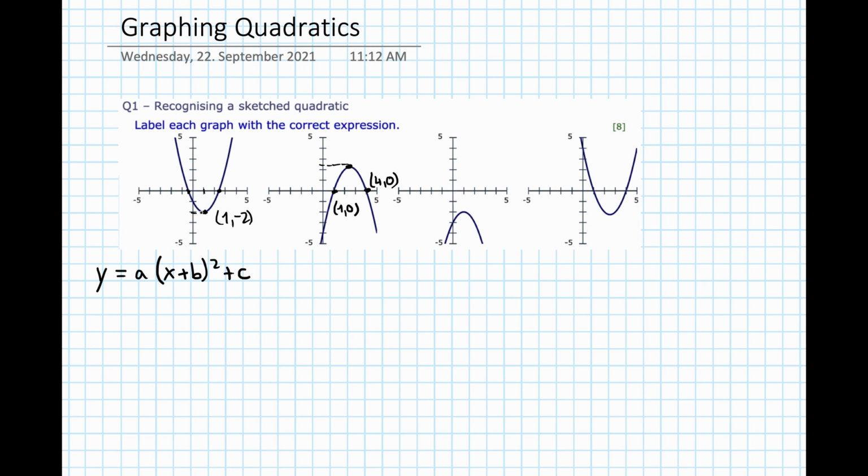If you go 1 to the left and 1 up, there's the next intersection, which means 1 squared is just 1, so there is no factor. If, for example, we had 1 squared is 1 and then times it by a factor of 2, we would just meet the y-axis over here. So a is 1. It's also positive, so here's just +1 pretty much, because the parabola is open at the top. If the parabola was facing downwards, like the second option, you have to put a minus in front.